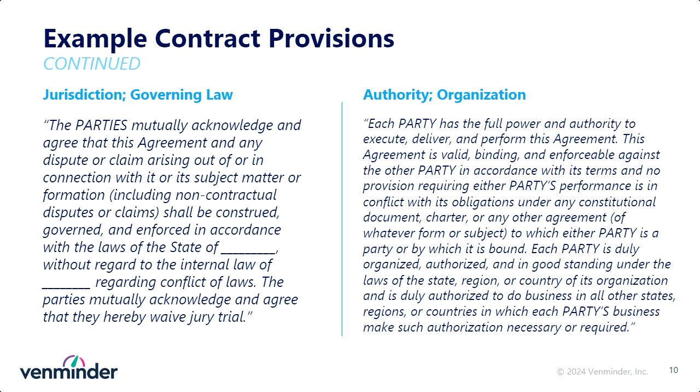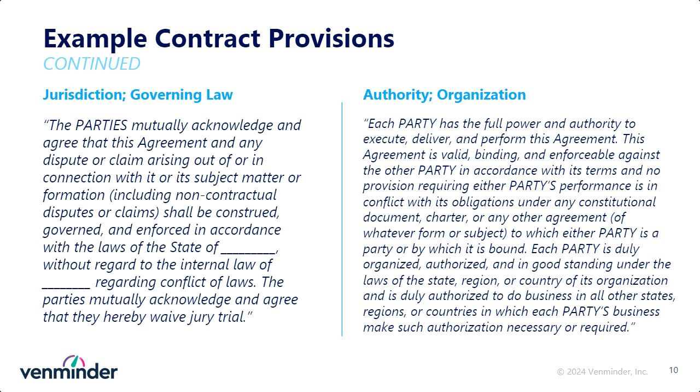And then we have 2 more: jurisdiction and governing law, and then the authority and organization language. So let's start with jurisdiction and governing law. Of course, you go into this contract hoping that neither of you end up suing the other for any reason, but that risk always exists. So you should certainly be sure that you are in agreement with what state and location this would occur in, should it occur.